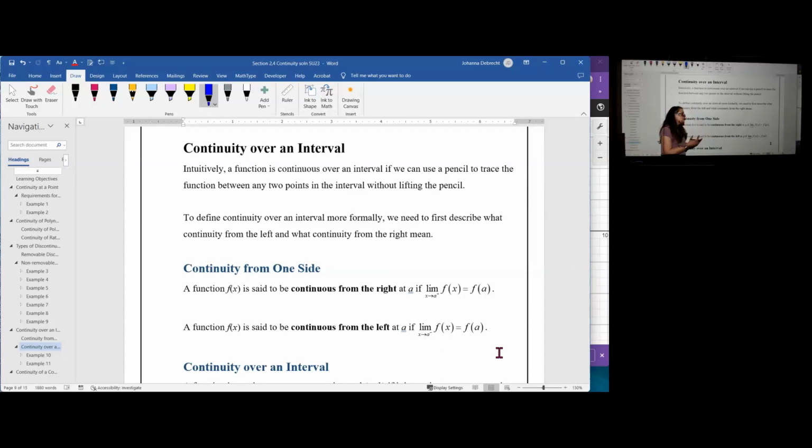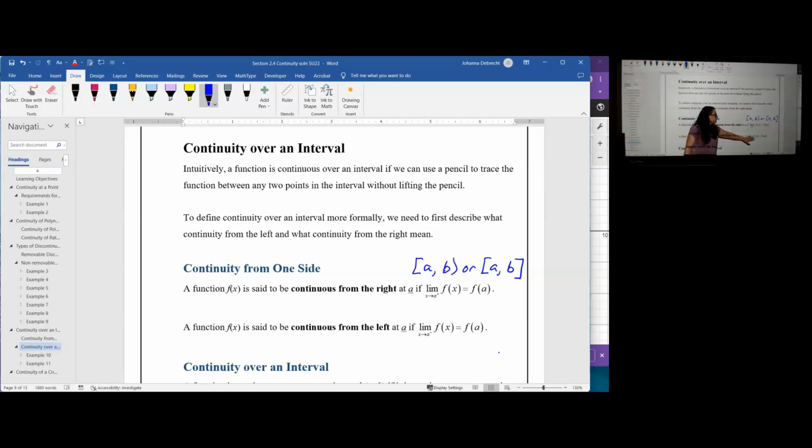To be continuous from the right is looking at an interval like either (a, b) or (a, b] closed. So in both cases, it's closed at a. If it's closed at a, it means it's continuous from the right.